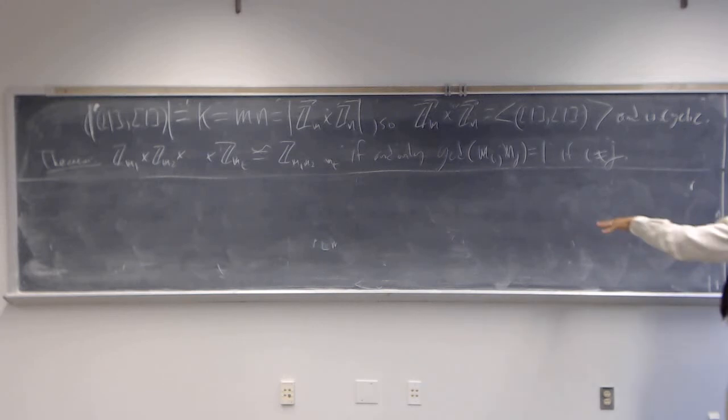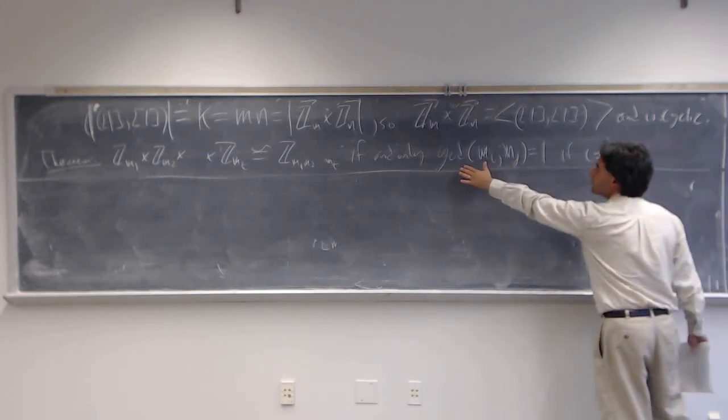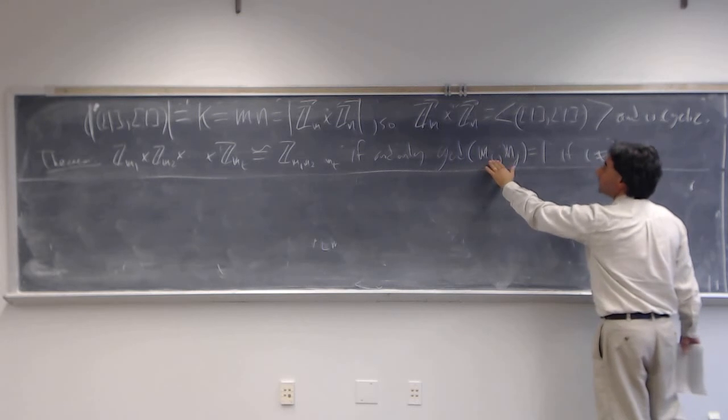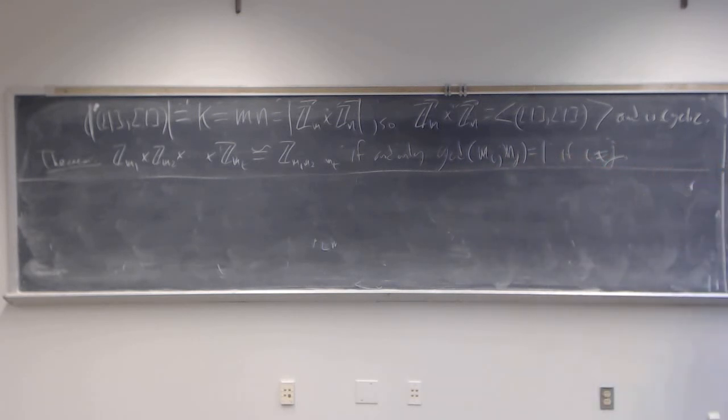I'm not going to write it on the board, I wrote it in the notes, but a way of saying this in words is that the GCD of mi, mj is equal to 1 if i is not equal to j. We'd say all those mi's are relatively prime to each other.